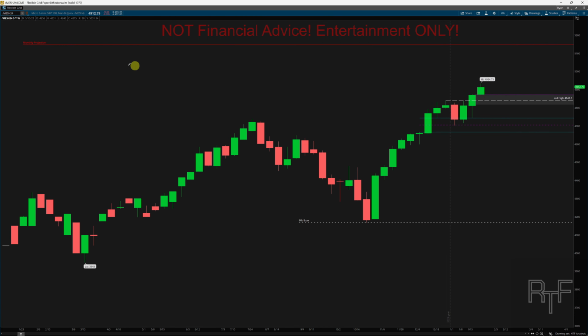Also, I've gone ahead and noted that monthly projection we have here at 5146.75. This could be a key level. I'm just keeping it on the chart. Maybe we will get to it. We'll have some sort of retracement. Or it could just be a part where it consolidates for another launch higher. So not exactly sure what it's going to do, but I'm going to keep it here as a key level.